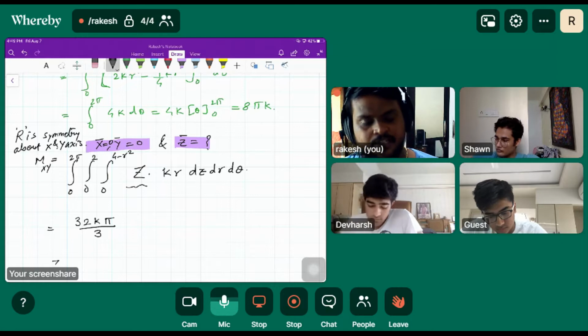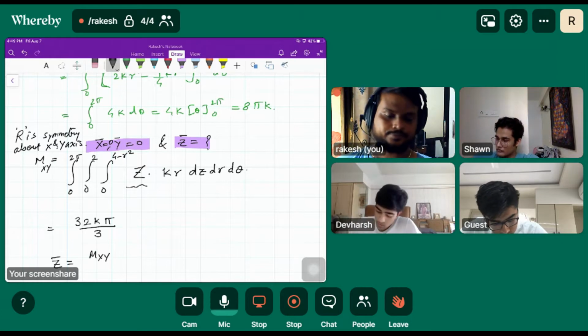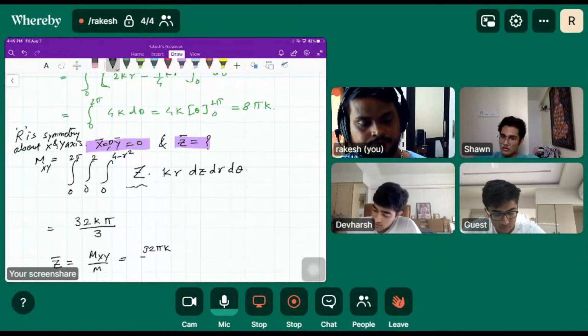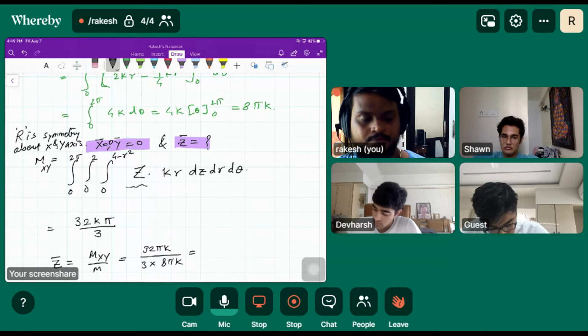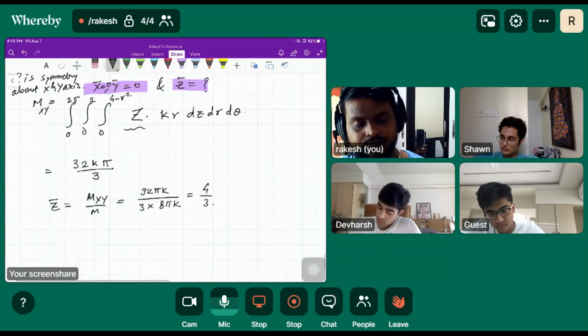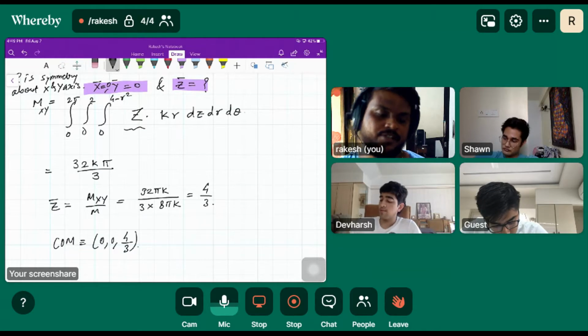So what is z bar then? Mxy upon m. It's 4 by 3. Perfect. So the center of mass is 0 comma 0 comma 4 by 3.